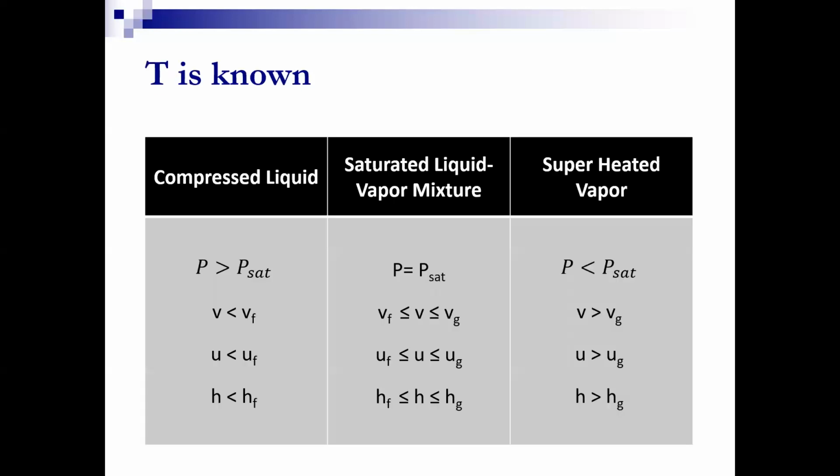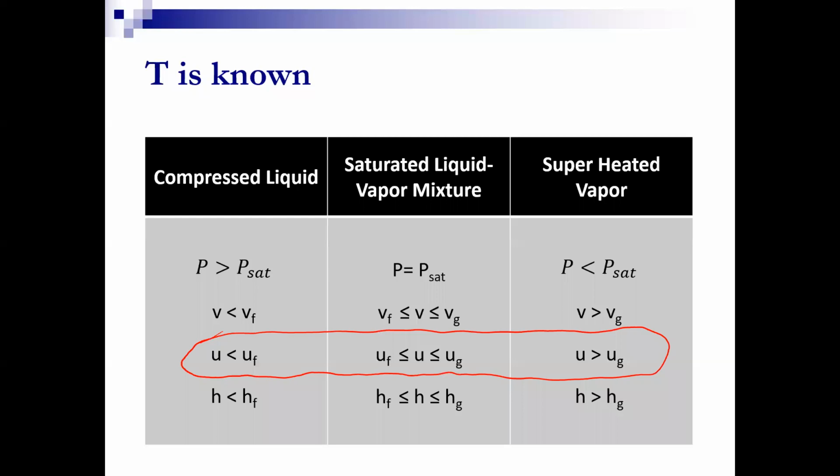At the given temperature, I look at the second property, which is the internal energy. Now, look here. If the given internal energy is less than UF, which is the internal energy of saturated fluid, then I have a compressed liquid.